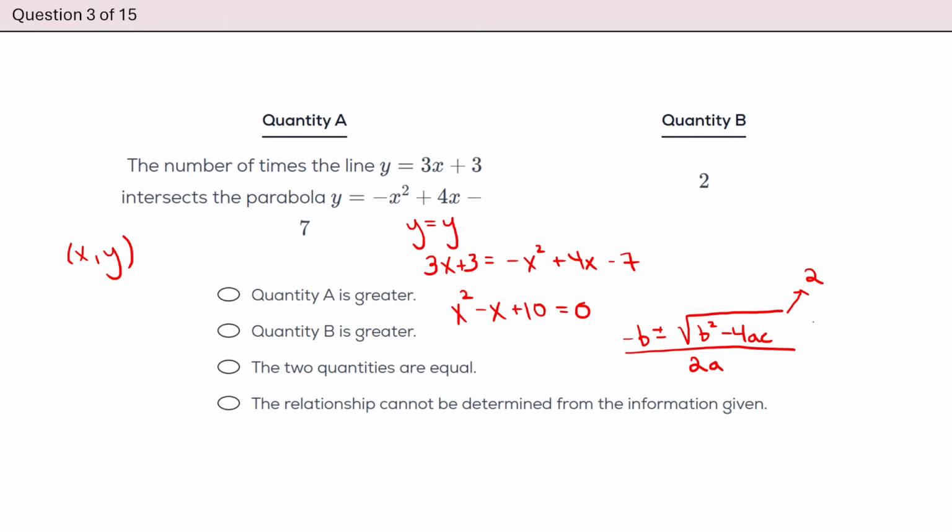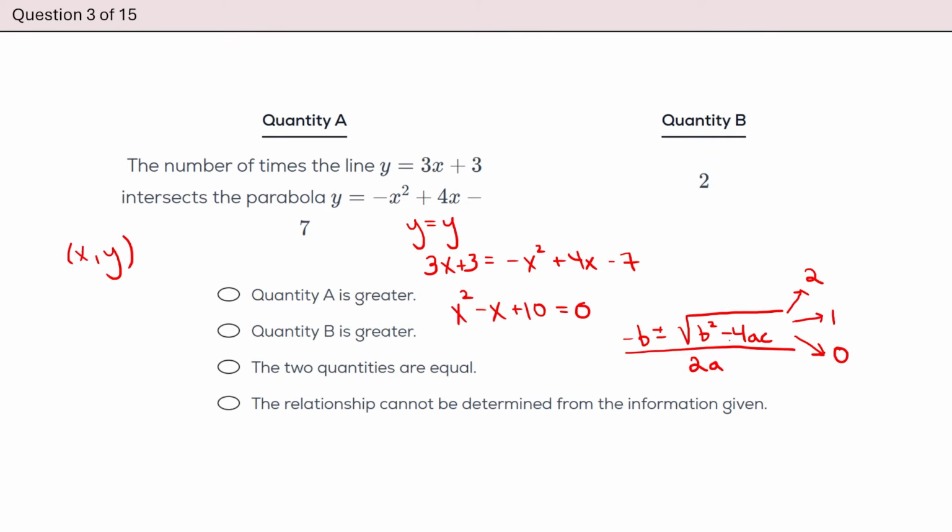However, if b squared minus 4ac equals 0, notice we're doing negative b plus 0, negative b minus 0. That's the same thing. So that's only going to be 1 solution. However, if this is negative, you cannot take the square root of a negative. That's invalid. So this is going to be 0 solutions.